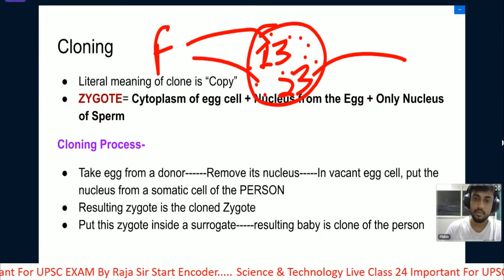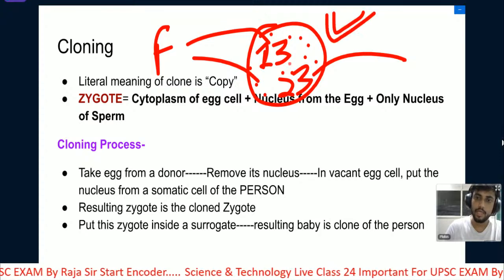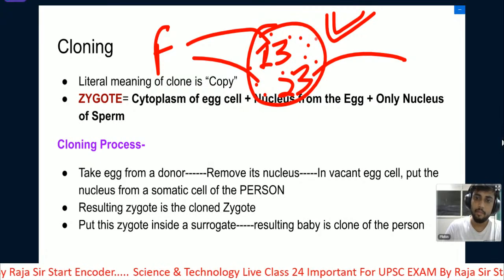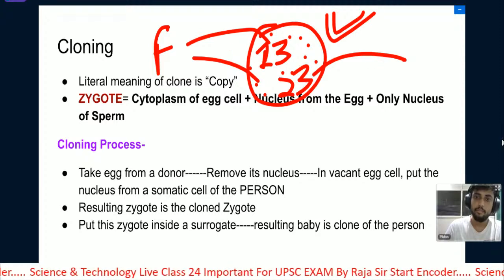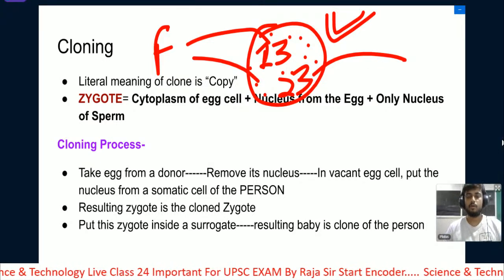So the zygote has the female cell membrane, the female cytoplasm, the female genetic material, and the male genetic material.